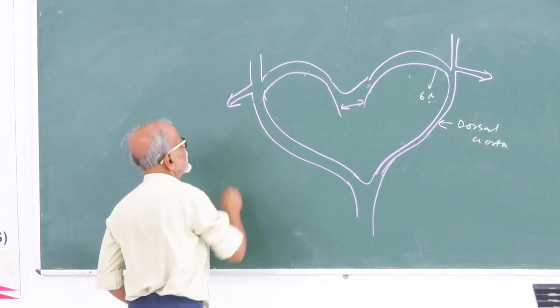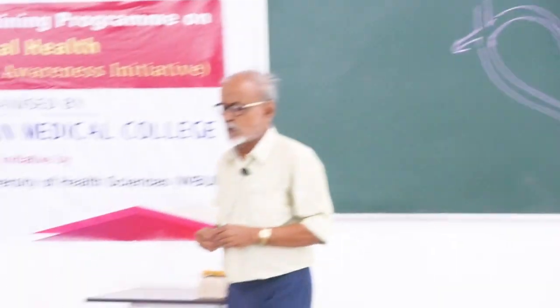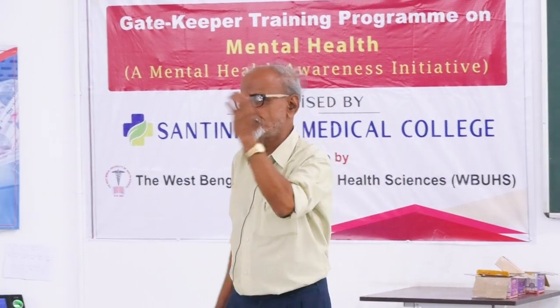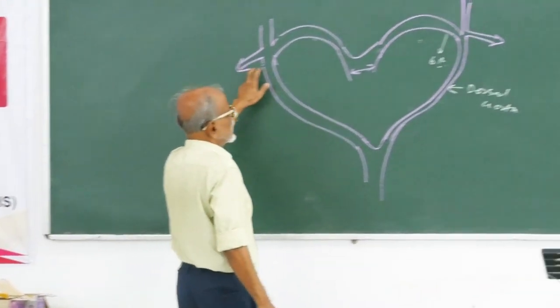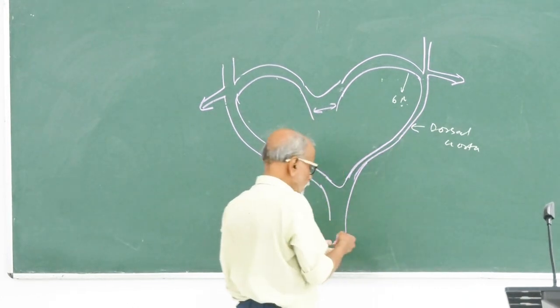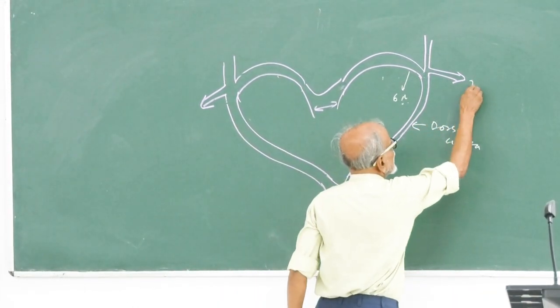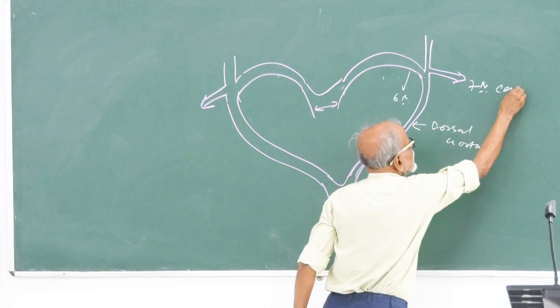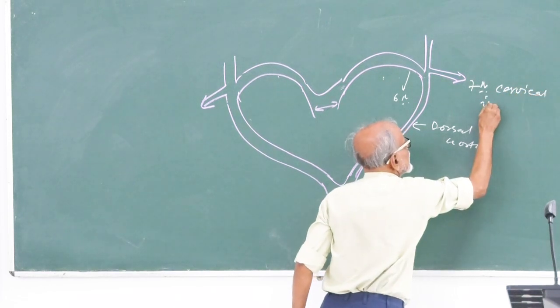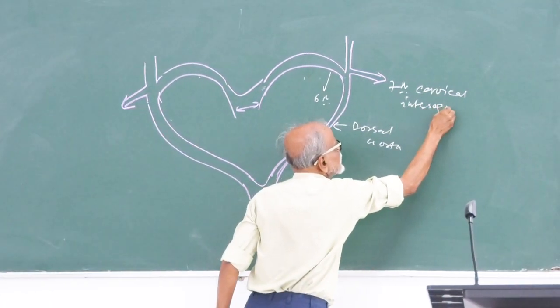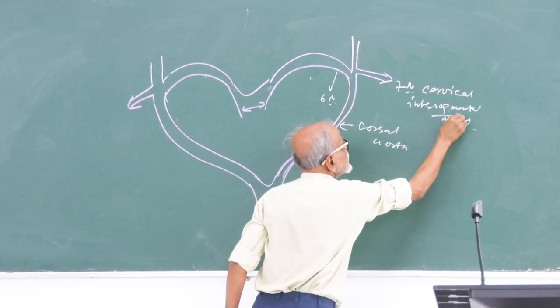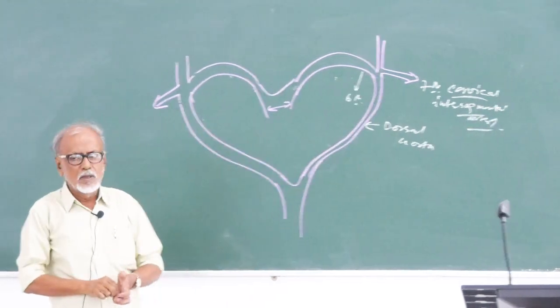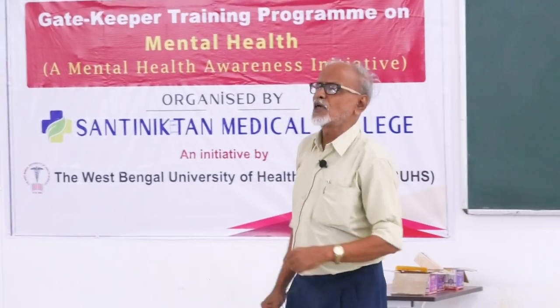Okay, I said this the other day, but anyway I am repeating. These are the seven cervical intersegmental arteries destined for the upper limb. The seventh cervical intersegmental artery will be giving rise to the subclavian artery of that side.